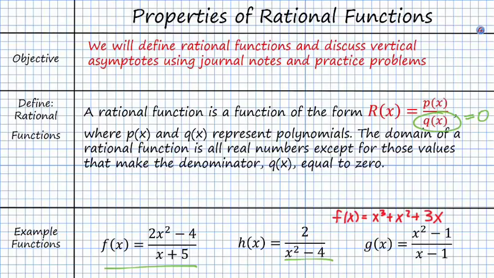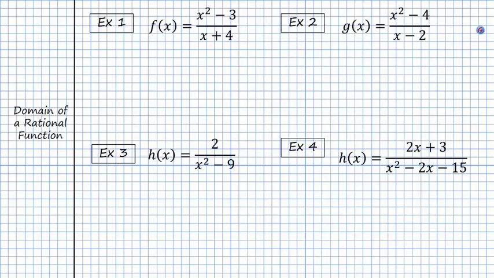So first what we want to do is learn how to find the domain of a rational function. So let's see what that will look like. From our above definition, we know that the domain of a rational function is all real numbers, where Q(x) equal to 0 is the only excluded point. So let's figure out what our domain restrictions will be on these example problems.